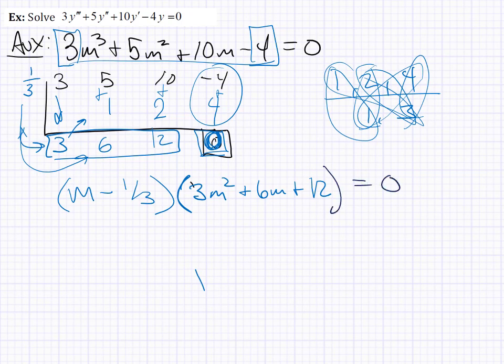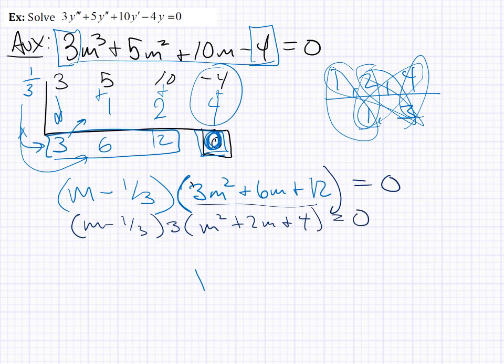And so now we factored it, right? We started factoring it, and we can factor it even more in that we could factor a 3 out of here. So we have m minus 1/3 times 3 times m squared plus 2m plus 4.